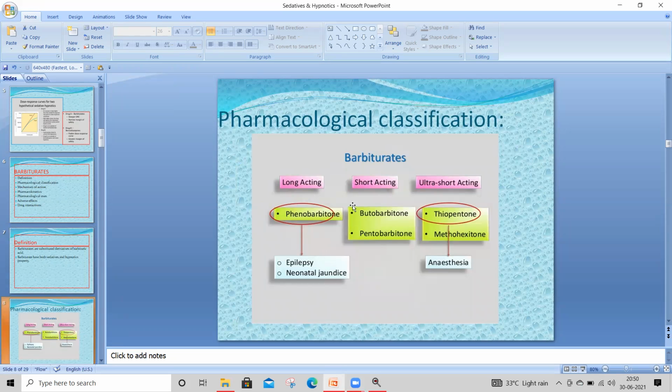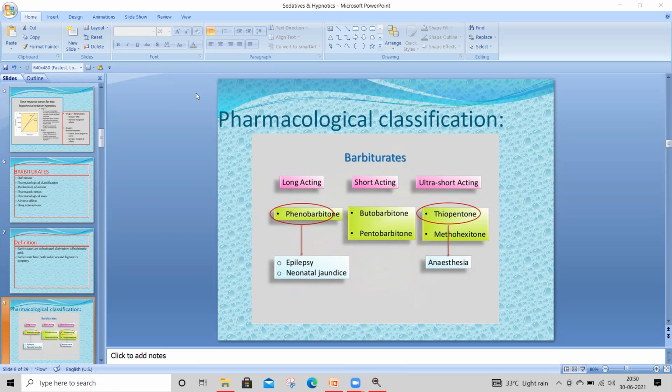You have to remember this. In MCQs this may be asked: what is the long acting barbiturate and what is its specific function, what is the ultra short acting barbiturate and its function. So in long acting barbiturate you can see phenobarbital and in ultra short acting, thiopental. Phenobarbital is used for epilepsy and thiopental is used as anesthesia.